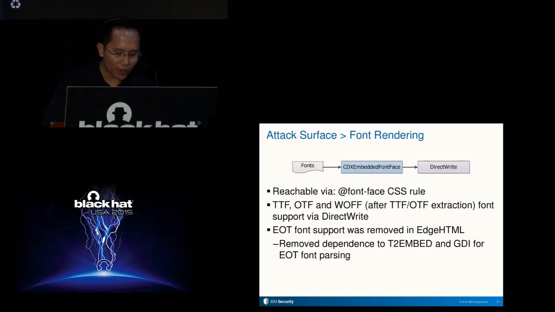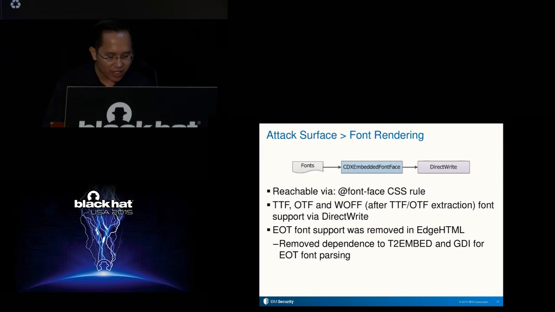Another attack vector, of course, is the font rendering in EdgeHTML. Using the font-face CSS rule, arbitrary fonts can be passed to the rendering engine. EdgeHTML supports TTF, OTF, and WOFF font formats, and they are rendered via DirectWrite. If the font format is WOFF, the compressed TTF or OTF font is first extracted and then passed to DirectWrite.